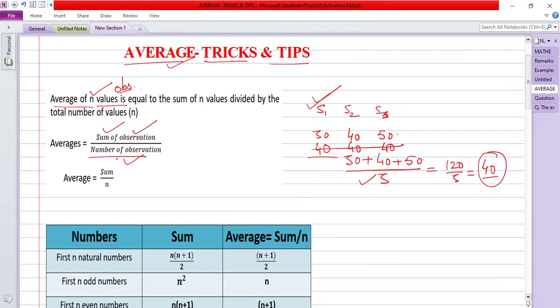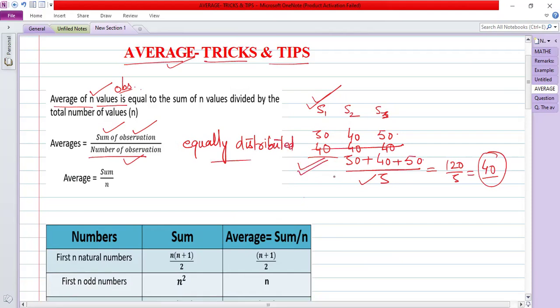Actually, what is the meaning of average? The meaning of average is equally distributed. In this example, we can assume that the marks have been equally distributed, 40 to each of the three students.